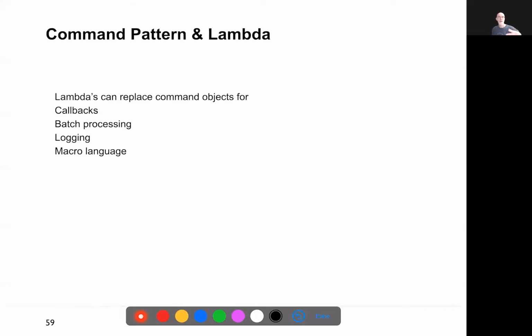The idea of a command object is that we need to decouple calling that method directly so we can do it later, or do additional operations on it. And lambdas allow us to achieve the same thing in many circumstances. So for me, the question becomes, what's the objective, and what tools do we have to achieve that objective?